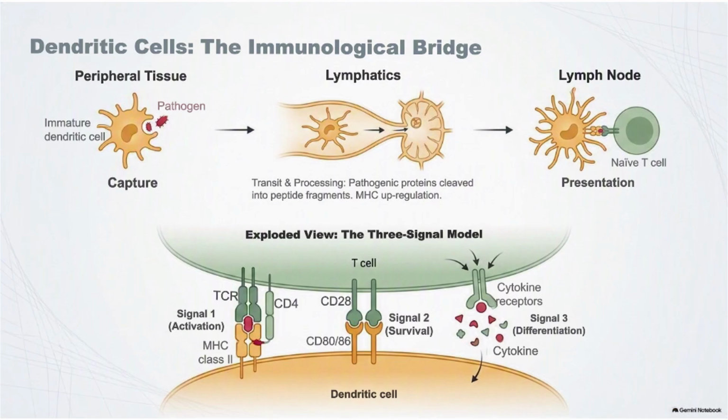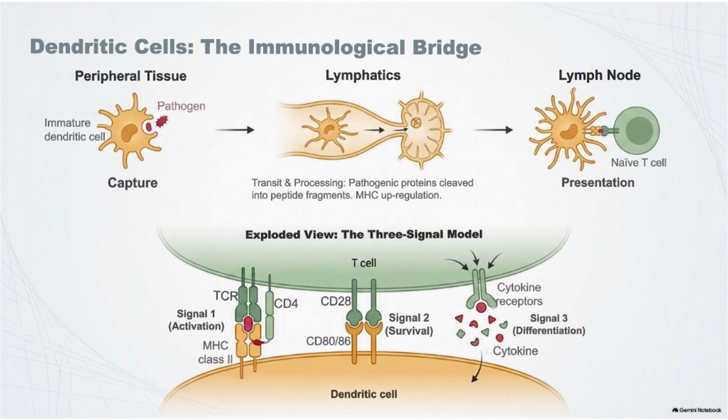But capturing the antigen is only the beginning. The dendritic cell processes that material into smaller fragments, migrates through the lymphatic system toward a draining lymph node, and undergoes maturation along the way. Once there, it can interact with naive T lymphocytes.